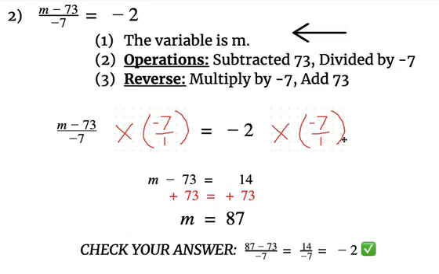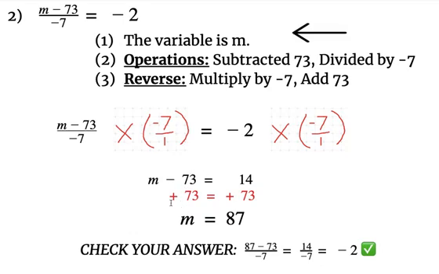If we do the same thing on the right-hand side of the equal sign to make sure that we are treating our neighbors fairly, then we have negative 2 times negative 7, which becomes a positive 14. Two negatives cancel and become positive.